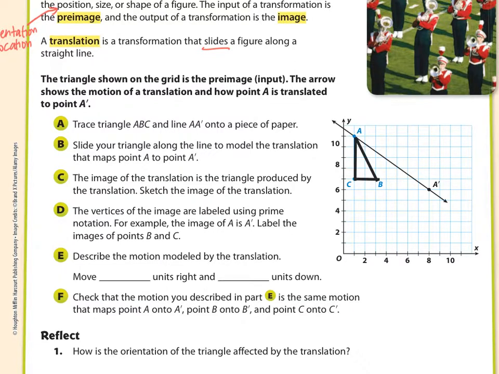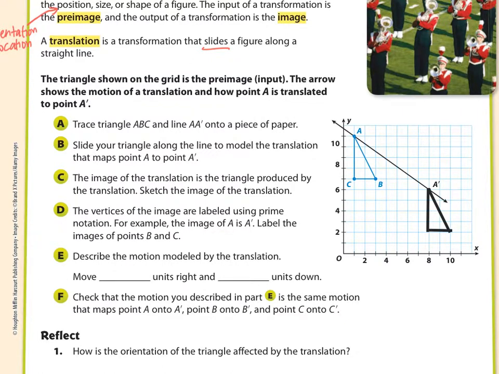So it's going to be looking like this. Notice that my original figure, triangle ABC, just slides over. You see it doesn't change the orientation of it. It's still facing the same way. So point A is still on top of the triangle, point B would be over here on the bottom right, and then point C would be on the bottom left.